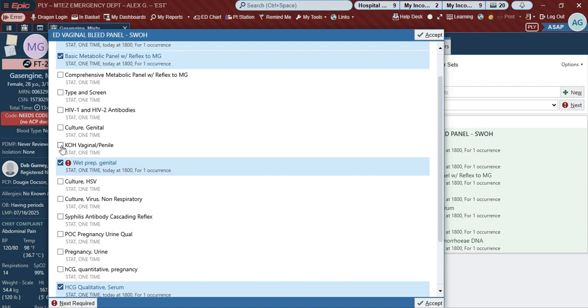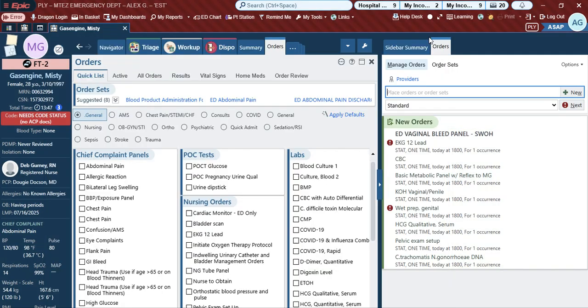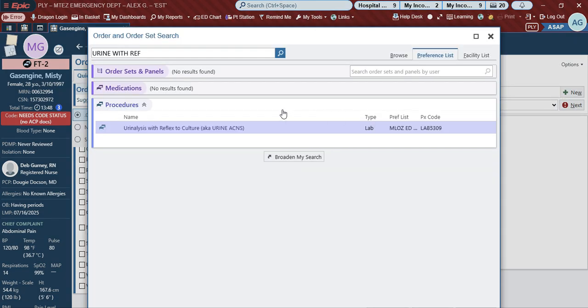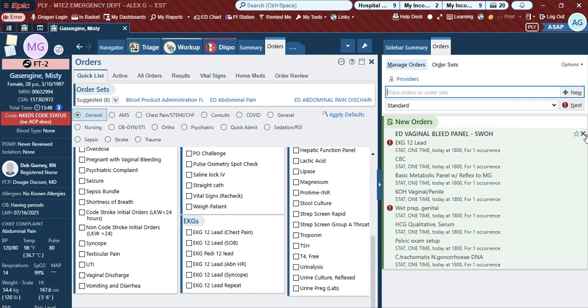We're doing a KOH to evaluate for yeast infection, and the wet prep for BV. So that's what it would look like. Again, don't use a urine dipstick. Don't use urinalysis. Use urine with reflex to culture. Very good.